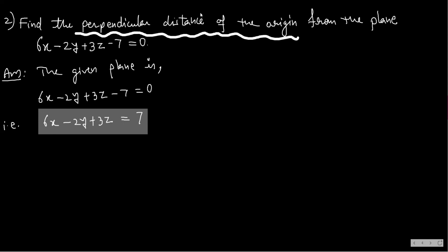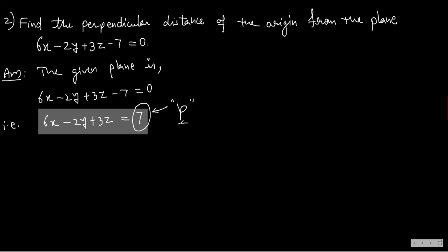I know that if I have the equation of a plane in normal form, then the number on the right hand side is the perpendicular distance of the plane from the origin.